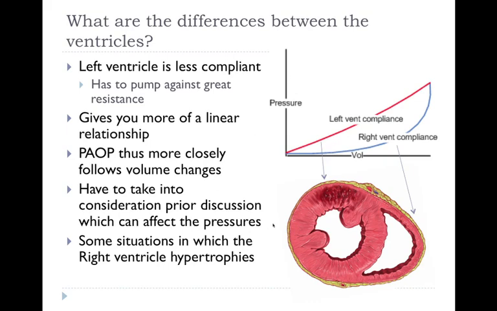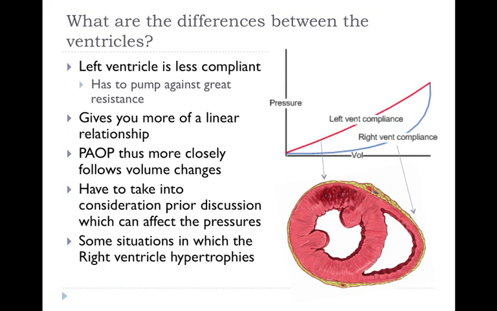In some situations, the right ventricle will remain hypertrophied or become hypertrophied. If you're taking care of a child under 3 years of age, you will notice that the right ventricle is actually larger in size in comparison to the left ventricle. As a consequence, the CVP in a child gives you a very nice relationship to determine preload volume to the heart.